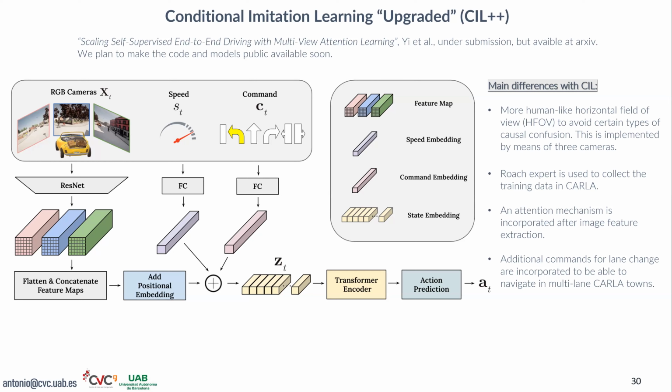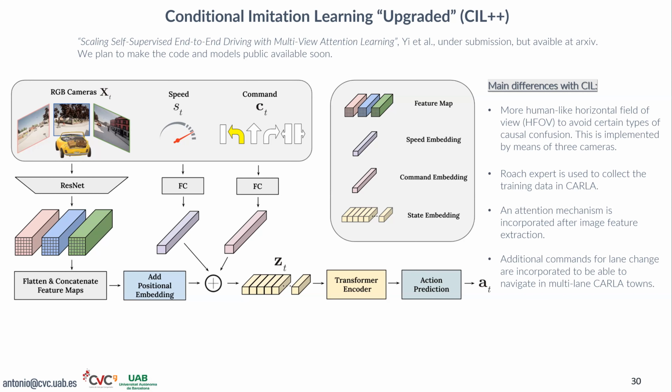Another thing is that the default driving expert of CARLA is a bit systematic, is too much perfect. And then this may be problematic because your data lack diversity. And then we used the RODS expert, which was developed after the conditional imitation learning, to collect data. Also, we incorporated an attention mechanism into the conditional imitation learning.